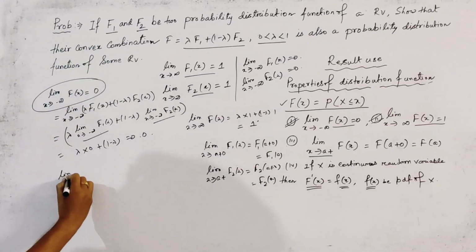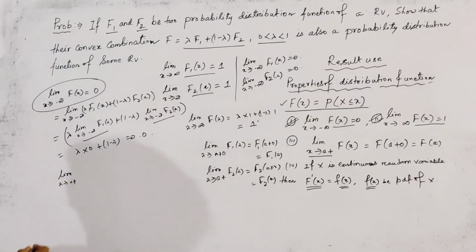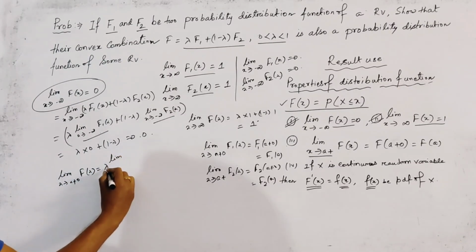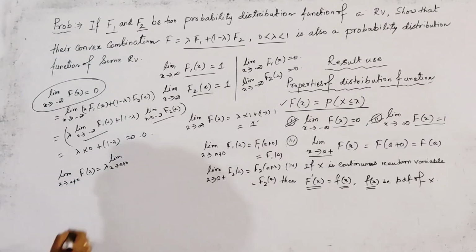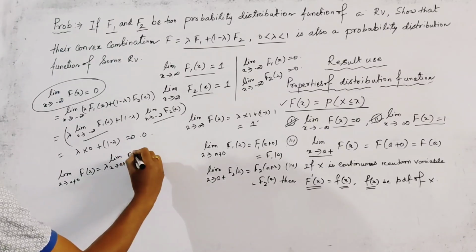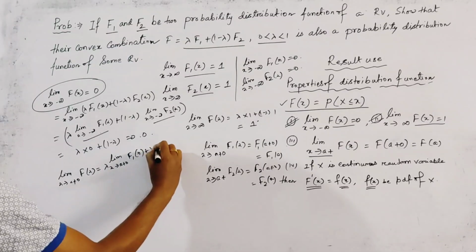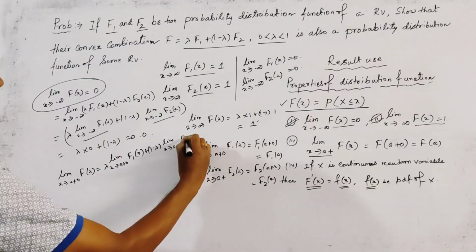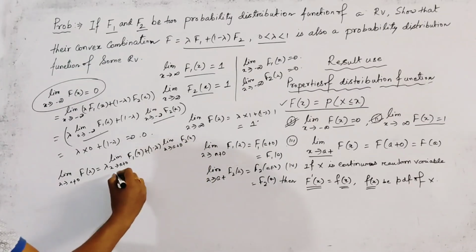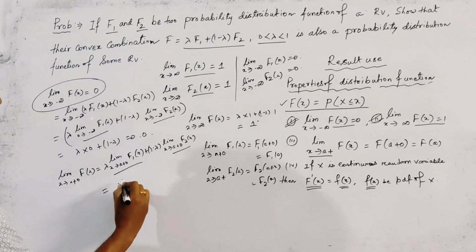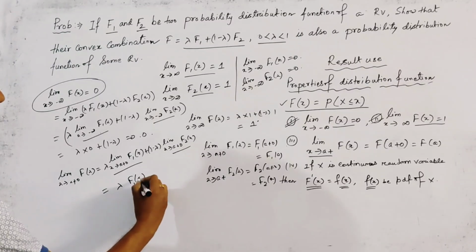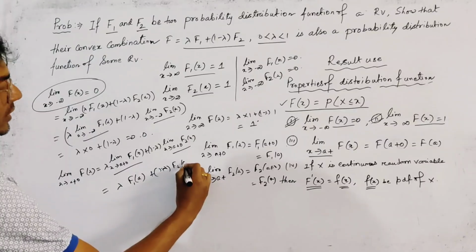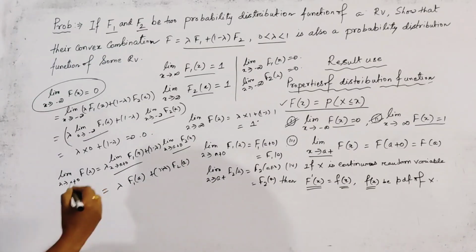Now the limit x tends to a plus 0 of F(x) is lambda into the limit of F1(x) plus (1 minus lambda) into the limit of F2(x). By putting in the values of these two limits, we get lambda F1(a) plus (1 minus lambda) F2(a).